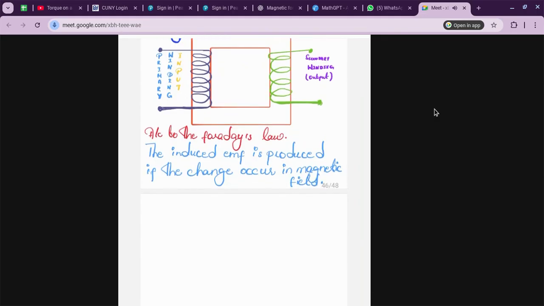So the induced EMF is produced in both the coils.